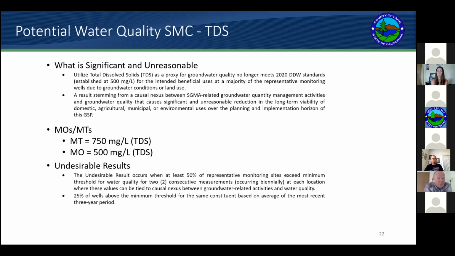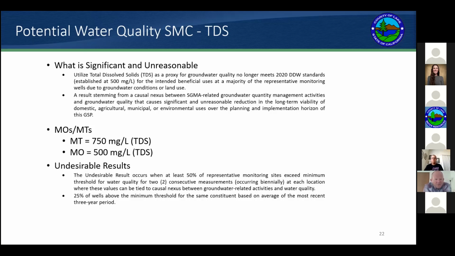Is that considered undesirable? Or do we want to say, well, we could have it occur, it's only considered undesirable if that MT is hit at 50% of the RMS wells and it is exceeded for two consecutive years. So again, there's some flexibility on that, but at some point we need to make a decision on what that undesirable statement is going to be.